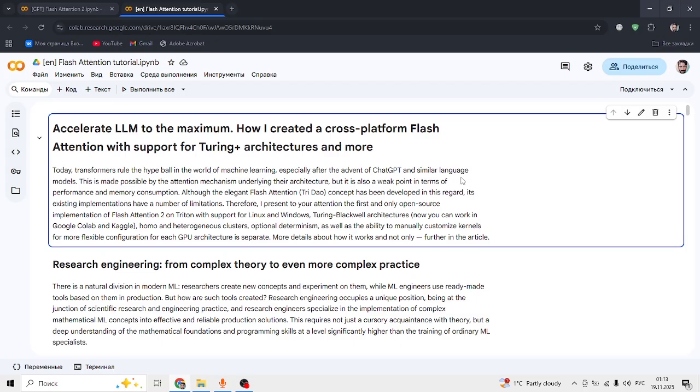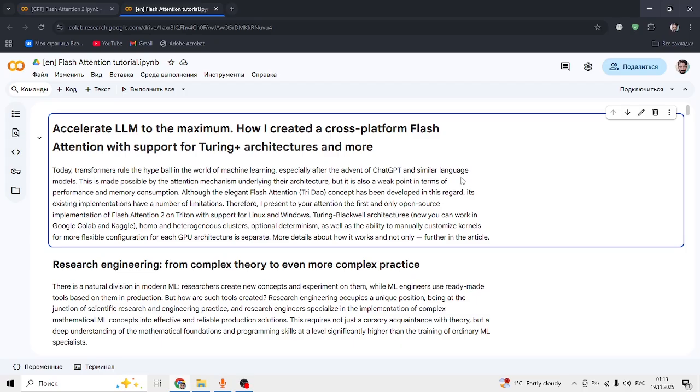And that's why I decided to implement my personal algorithm of FlashAttention 2 on Triton with support for Linux and Windows, Turing to Blackwell architectures. So that means that you can work in Kaggle and Google Colab.